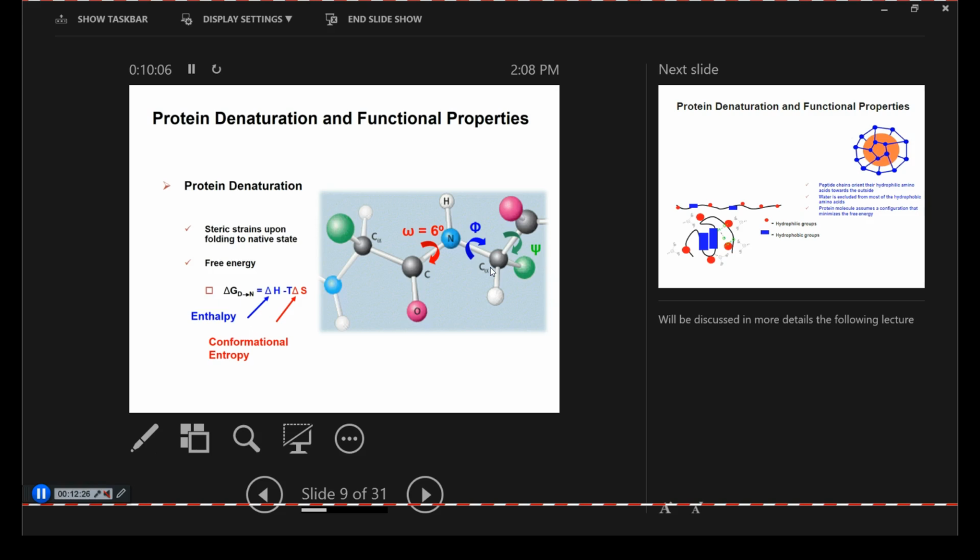Anything that will result in increase in entropy, breaking of some bonds within the protein, will result in generation of free energy, and when this value is increased and the enthalpy decreases, then you have a negative delta G. With a negative delta G, that's spontaneous denaturation.